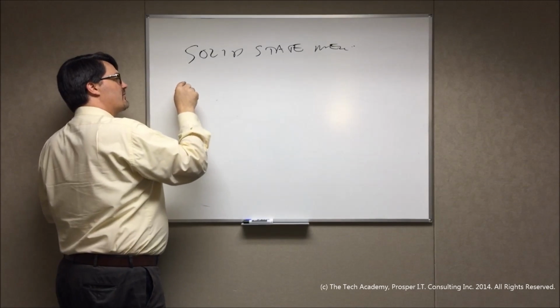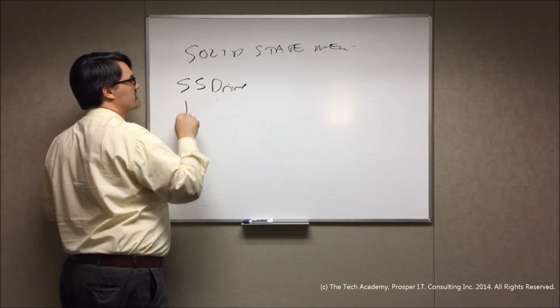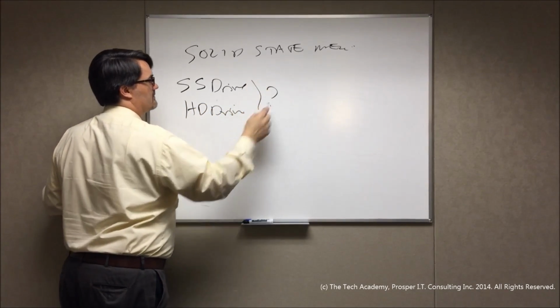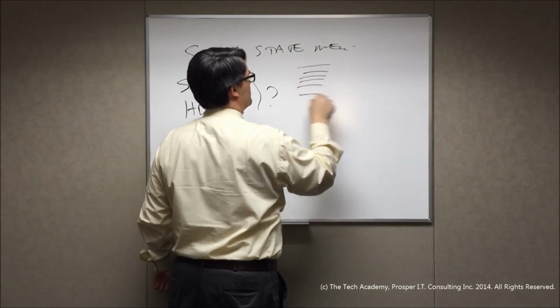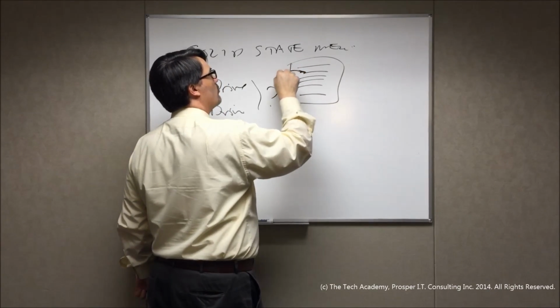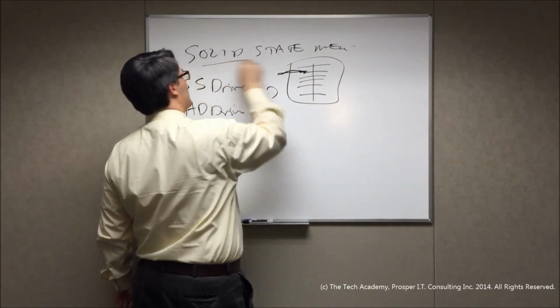In fact, many of you have heard of a thing called a solid state drive, as opposed to a hard disk drive. What does that mean? Well, before, we'd have disk after disk after disk, all in an enclosure and an arm that came through. That arm would move. The disk would move. That's not solid state.